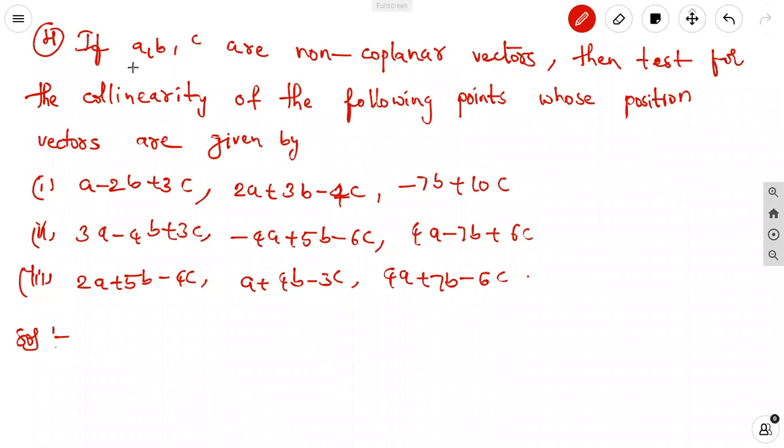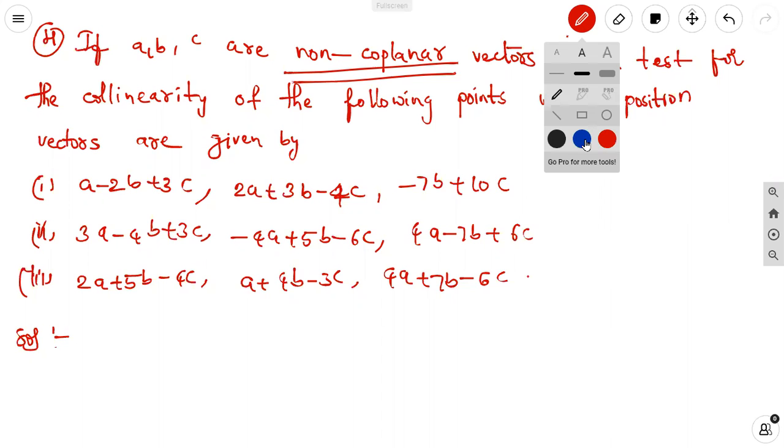It's the fourth problem. If a, b, c are non-coplanar vectors, that is, not in the same plane, then test for the collinearity of the following points whose position vectors are given. Take O as the origin, then OA, OB, OC vectors are a minus 2b plus 3c, 2a plus 3b minus 4c, minus 7b plus 10c.